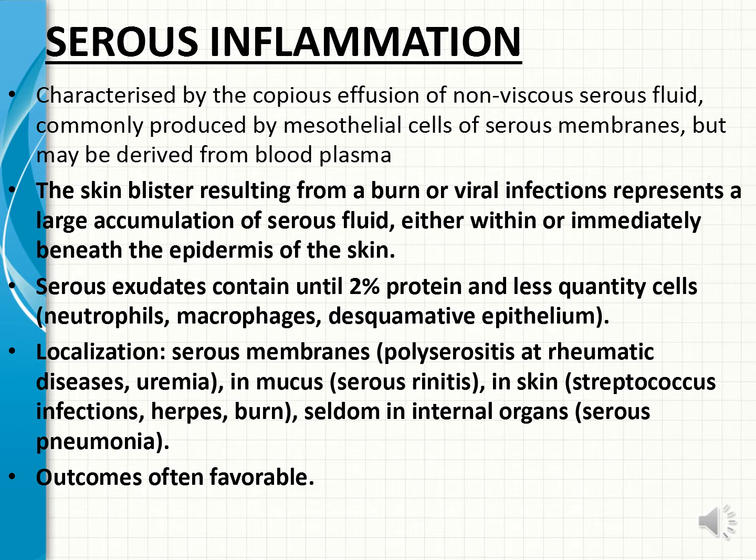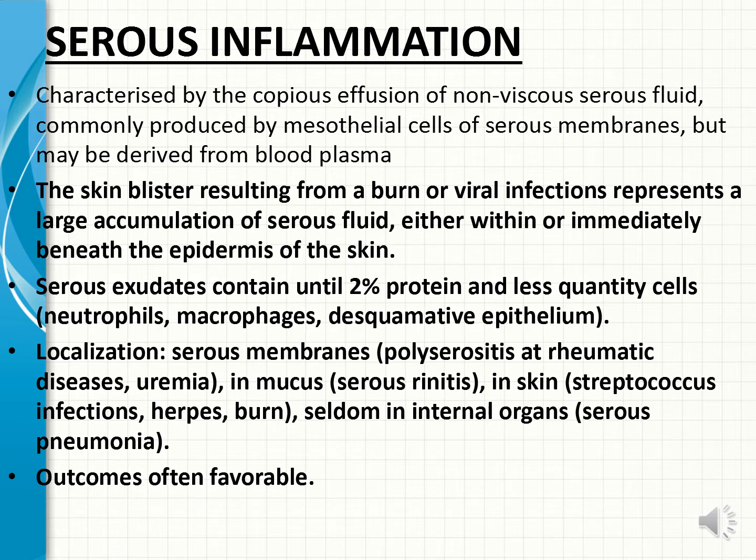Characterized by effusion from blood, non-viscous serous fluid, commonly produced by mesothelial cells of serous membranes, but may be derived from blood plasma. The skin blister, for example, resulting from a burn or viral infections, represents a large accumulation of serous fluid, either within or immediately beneath the epidermis of the skin.